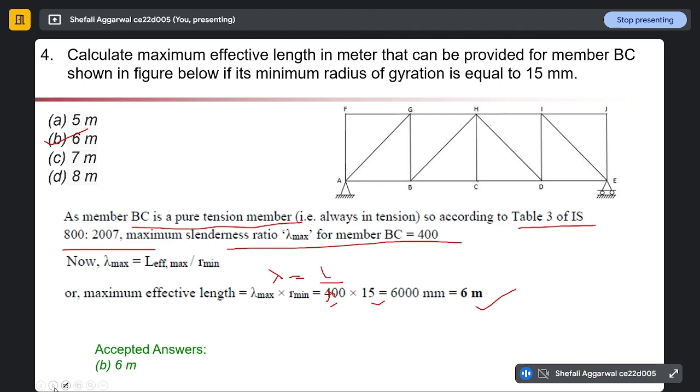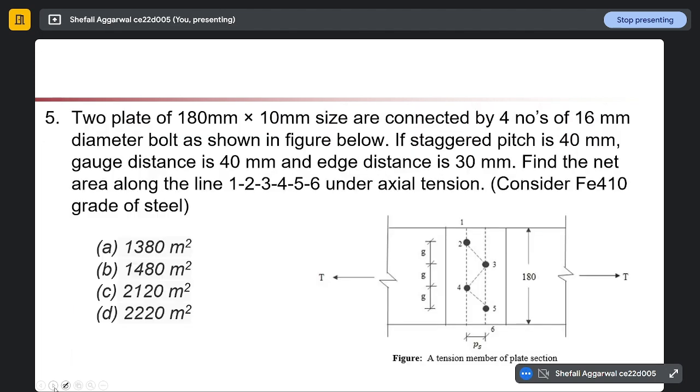Okay, then we will go to the next question. Two plates of 180 mm into 10 mm size are connected by four numbers of 16 mm diameter bolts.